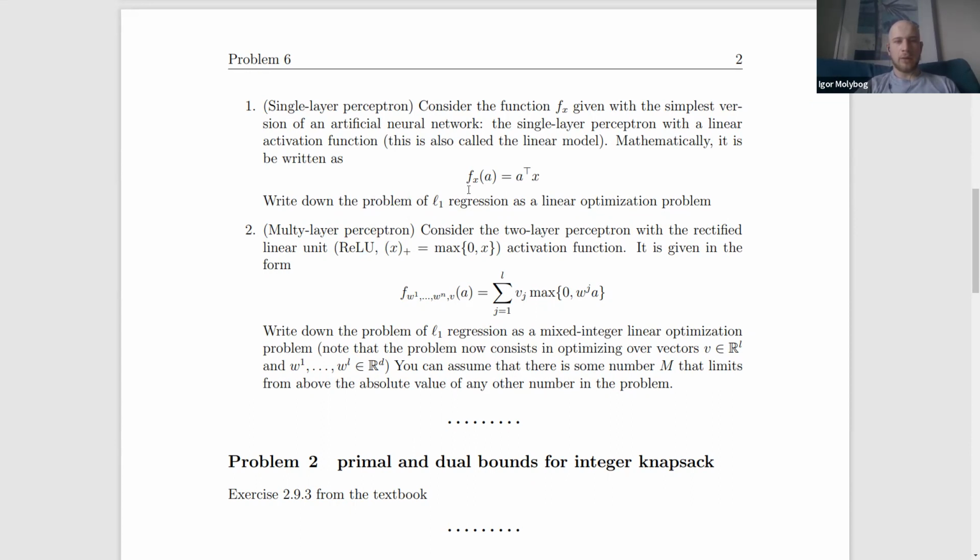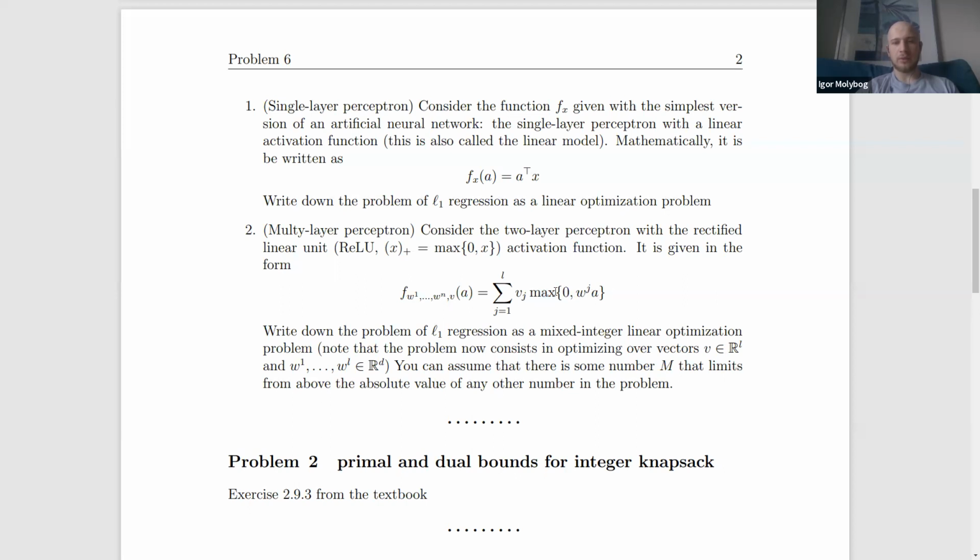It means that our function f_x(a) now takes the following form. Now x is being split into several subvectors, w_1 through w_n, and then subvector v. So these are the parameters that we're going to be using instead of x, and the value of f(a) is going to be equal to the summation over all j from 1 to l, some value l, of v_j times the maximum between 0 and w_j a.